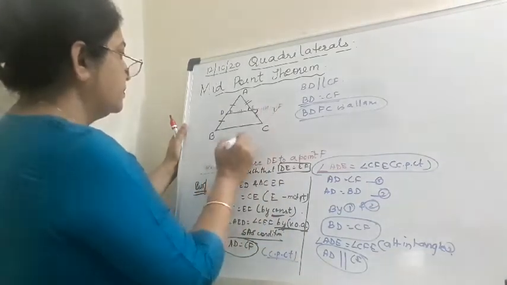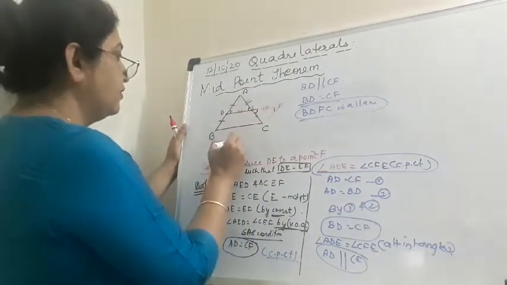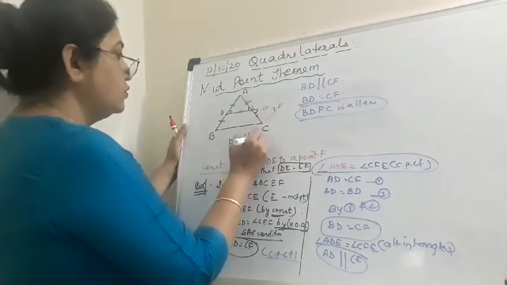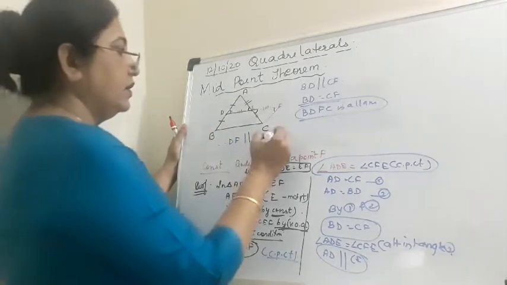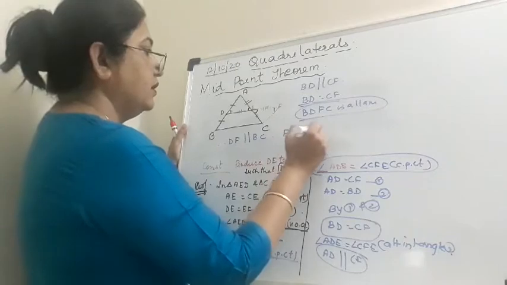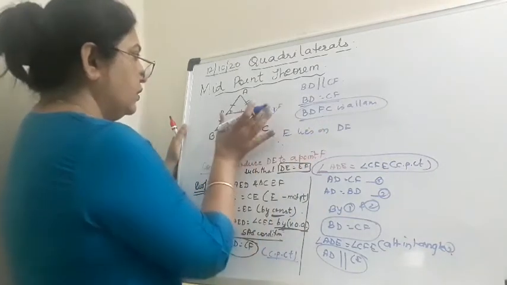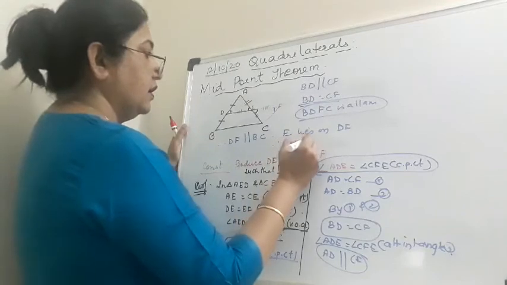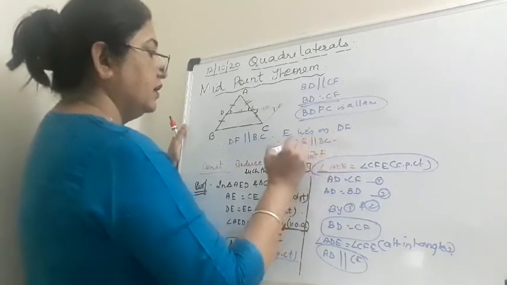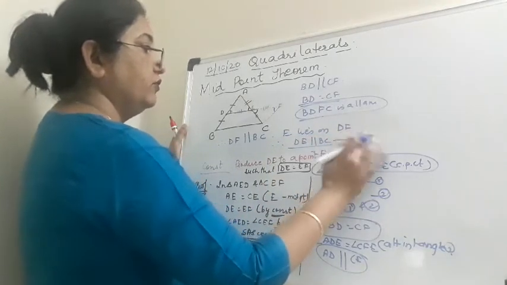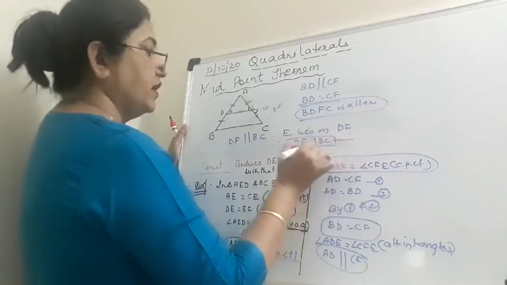DF, therefore you write DF is parallel to BC. Now E lies on DF, therefore DE is parallel to BC. This is first part proved. Okay, this is what we have to prove.